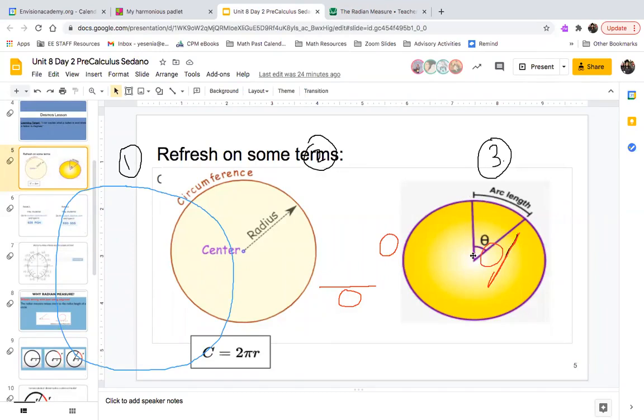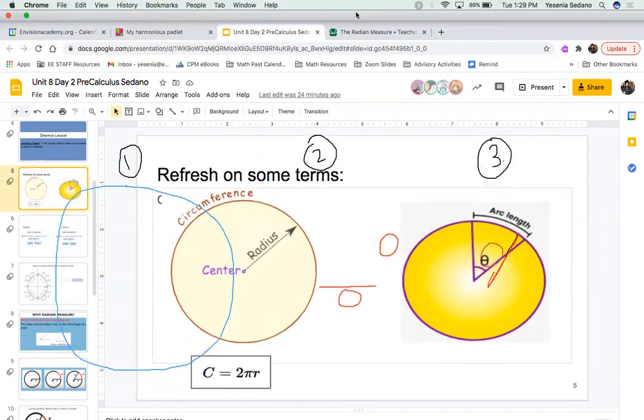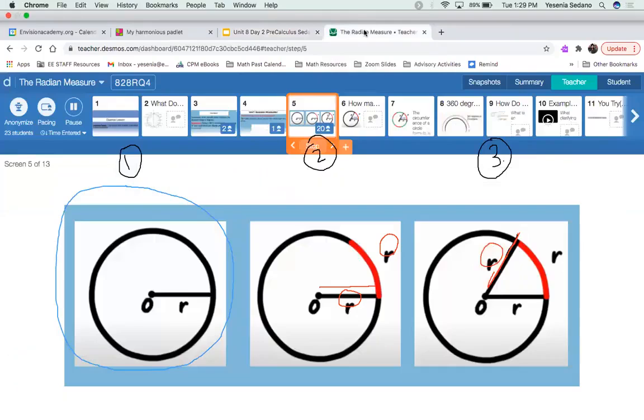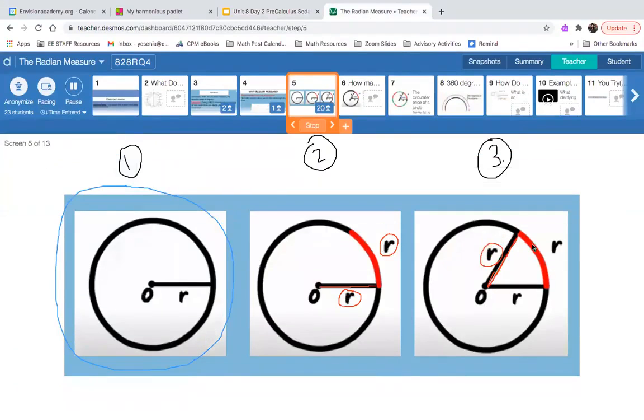So I'm going back using that vocabulary. I created an arc length. Now, what is the measure of this angle? Let me tell you all. The measure of this angle is going to be 1 radian. That is the definition. 1 radian.